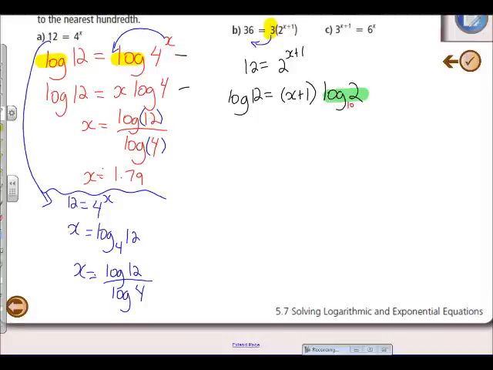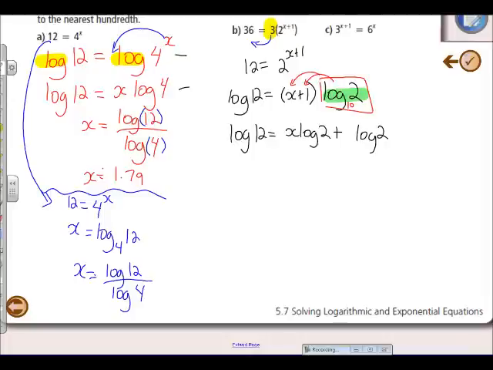Log base 10 of 2 is just a number. That number can be distributed in. It's a coefficient in front of x plus 1. So let's just multiply that in. We'll distribute that in there. And we get log of 12 equal to x log 2 plus 1 log 2 as we distribute it.